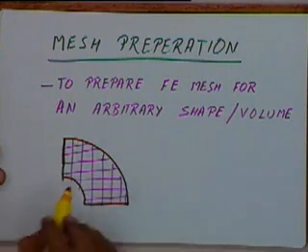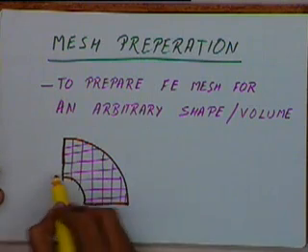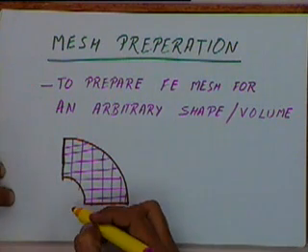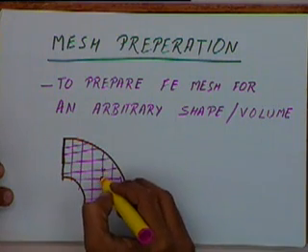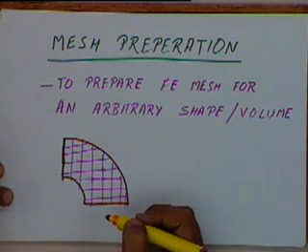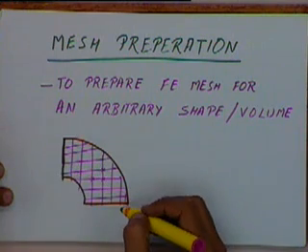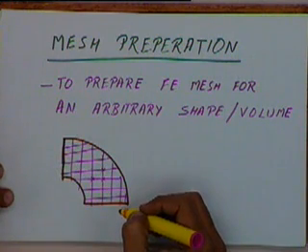And the biggest problem would be that when we want to make a mesh like this, making it manually is not going to be possible, because we will have to give the geometric coordinates for each and every node. So for making a mesh for any arbitrary shape, we have to have some automatic methods for doing that.